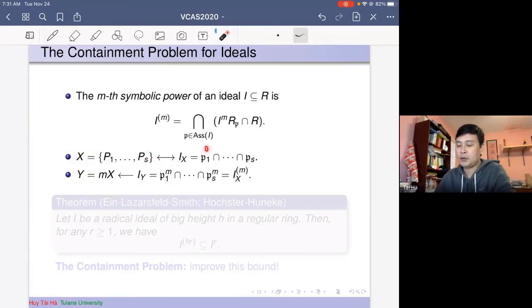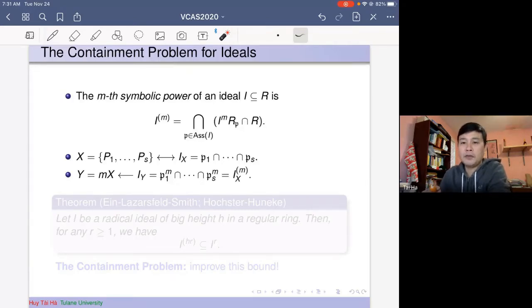Each of them corresponds to a prime ideal, and the defining ideal I_X is just the intersection of these prime ideals. This is a radical ideal. Y being mX is the same as saying that the ideal of Y is P1^m intersect up to Ps^m, and that is the same, by definition, as the m-th symbolic power of I.